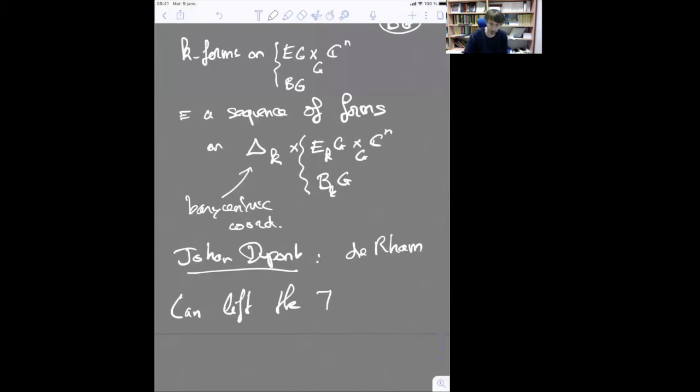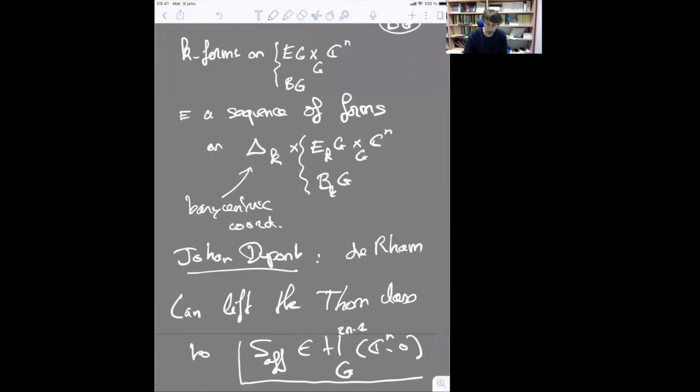The Euler class vanishes, so we can lift the Chern class to what I called last time S affine, and now it's a degree 2n-1 cohomology class, so an equivariant cohomology class on Cn minus 0.